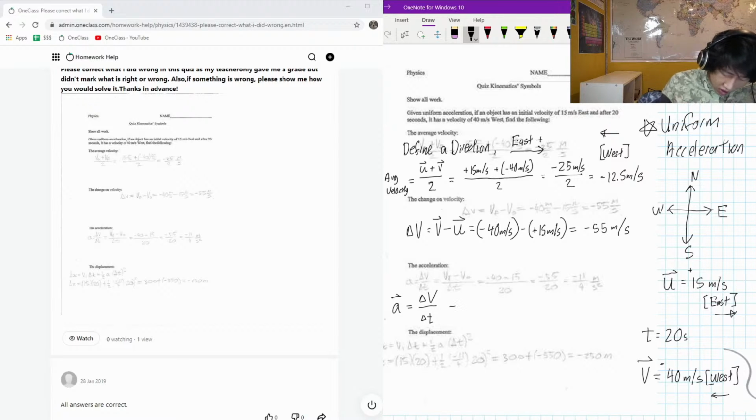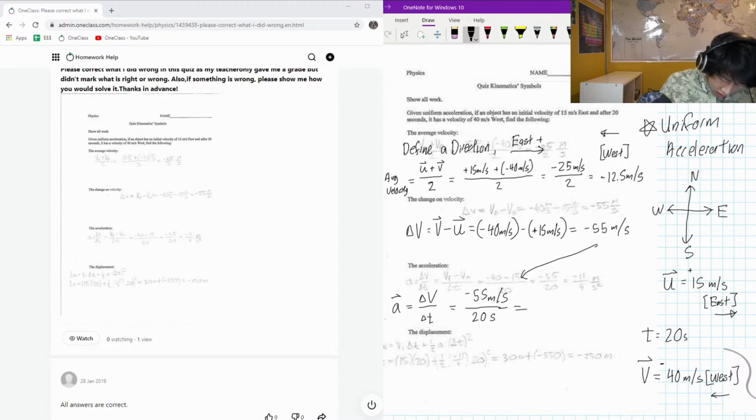Okay, so it's going to be the change in velocity divided by the change in time. We know that our change in velocity, well, we just calculated that in our previous question. That's negative 55 meters per second. That's where it came from. And divided by our time, how long did it take for us to change from our initial velocity to our final velocity? The question told us 20 seconds. So we're going to divide that by 20 seconds.